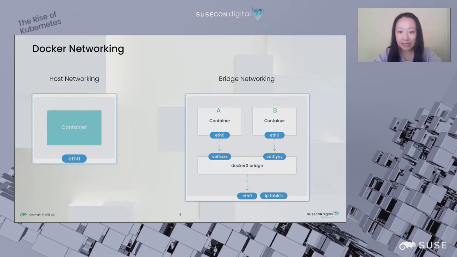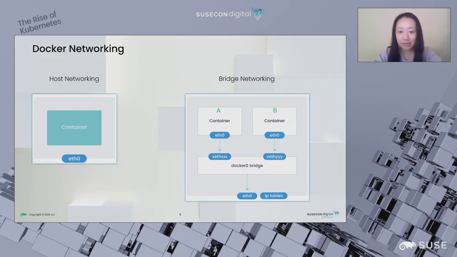In this case, containers run in a private network internal to the host. The Docker daemon will create a bridge on your host machine, and when you launch a container, Docker creates a virtual Ethernet device within the container, like eth0 you see here on container A, container B. And on the host side, it will create a unique identifier for that interface, like vethXXX here.